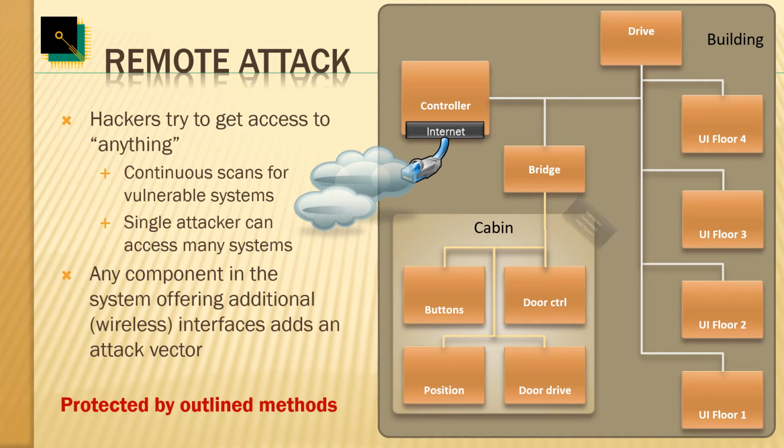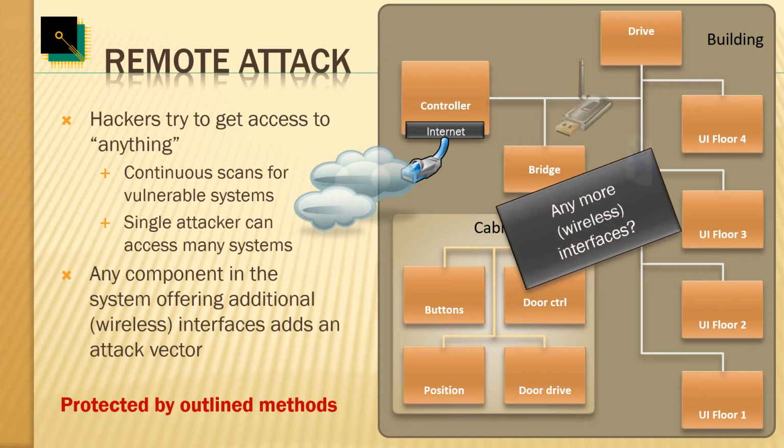The challenge today is that with devices and networks and systems getting more complex, do you truly know if there's only one internet connection in your system? Maybe there are some more complex devices in your system that have a Bluetooth or Wi-Fi interface, or maybe are a gateway to a different network technology. So these are all potential entry gates for hackers and require protection.